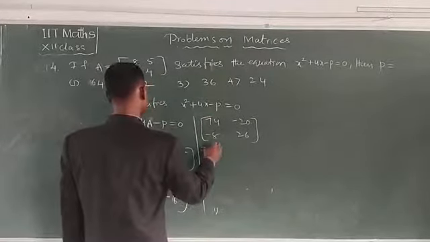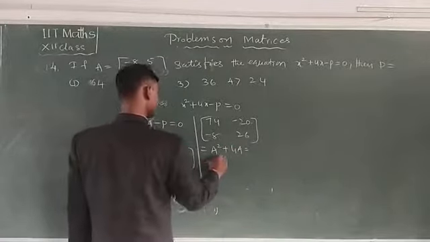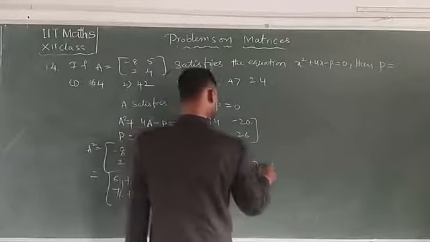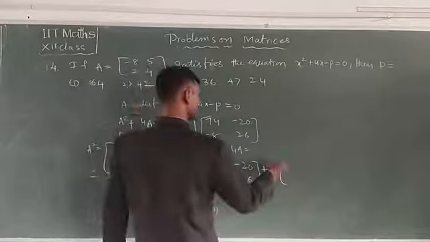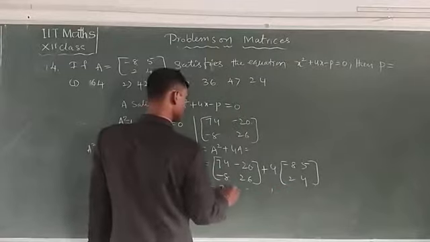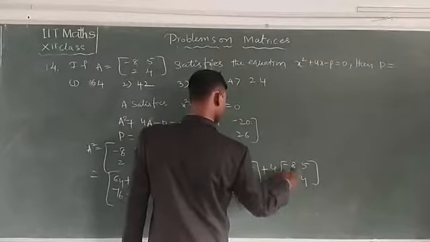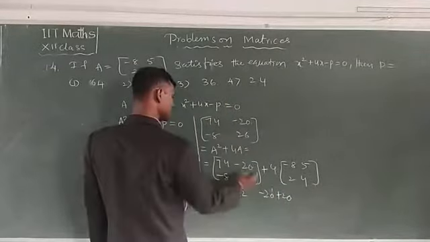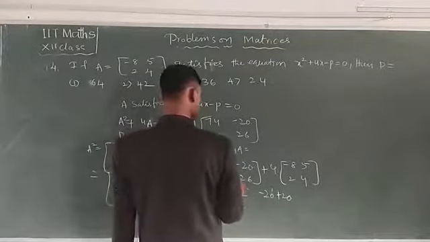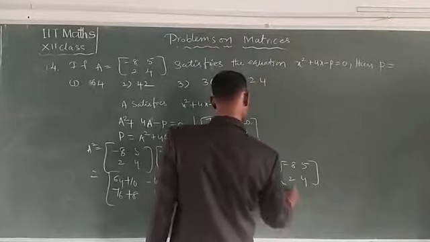Now you can write A² + 4A: A² is [74, -20; -8, 26] plus 4 into [-8, 5; 2, 4]. 74, 4 8s are minus 32; minus 20, 4 5s are 20; next is minus 8, and 4 2s are plus 8; and here 26 and 4 4s are 16.